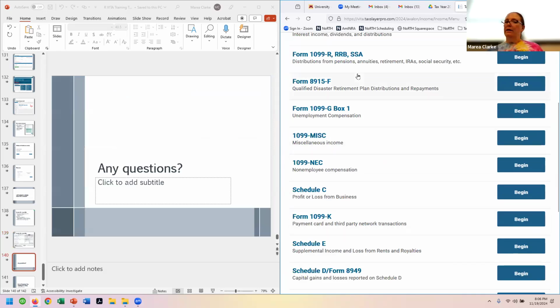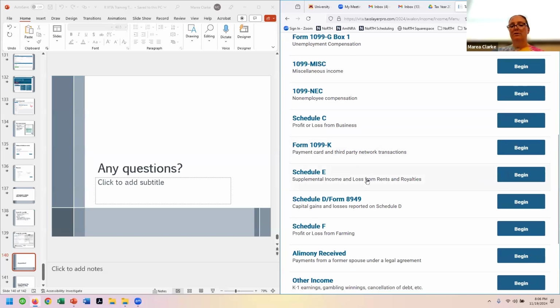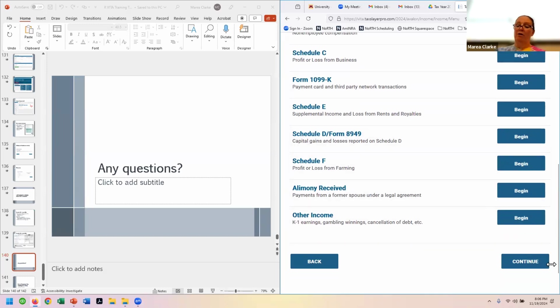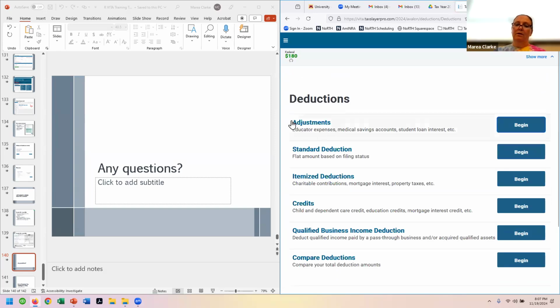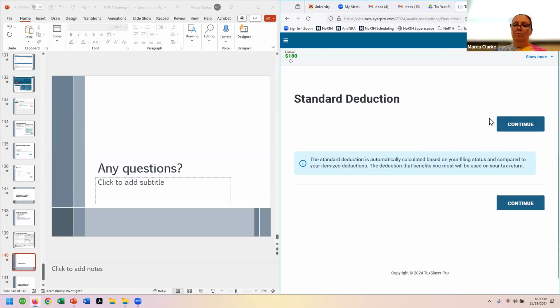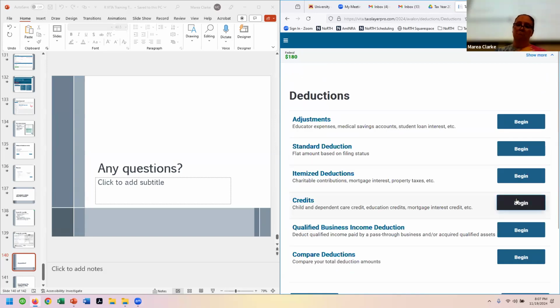Continue. All right. He doesn't have any of these things, right? He has no business. He has no rental properties. He's got no farm. He's got nothing. He doesn't have any adjustments. It says standard deduction is the way to go. We don't have any itemized deductions, right? Nothing to put in here.